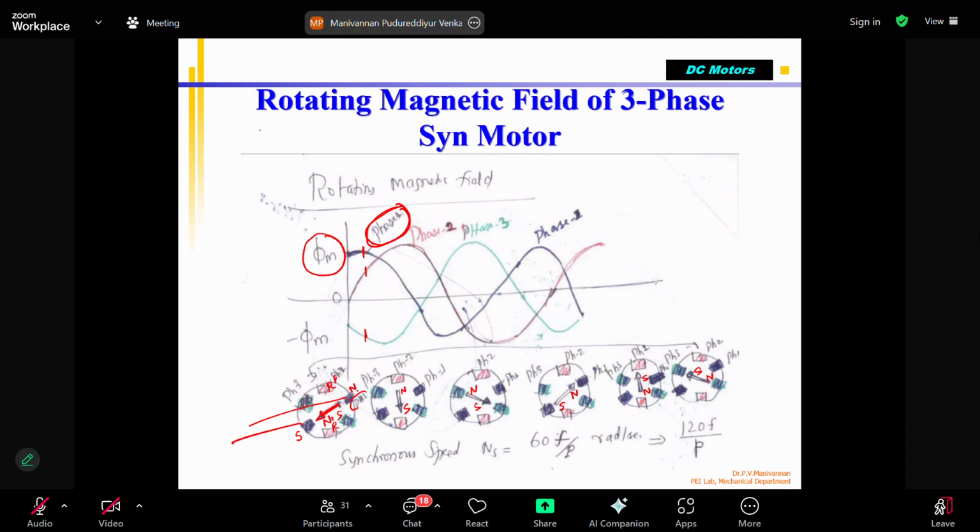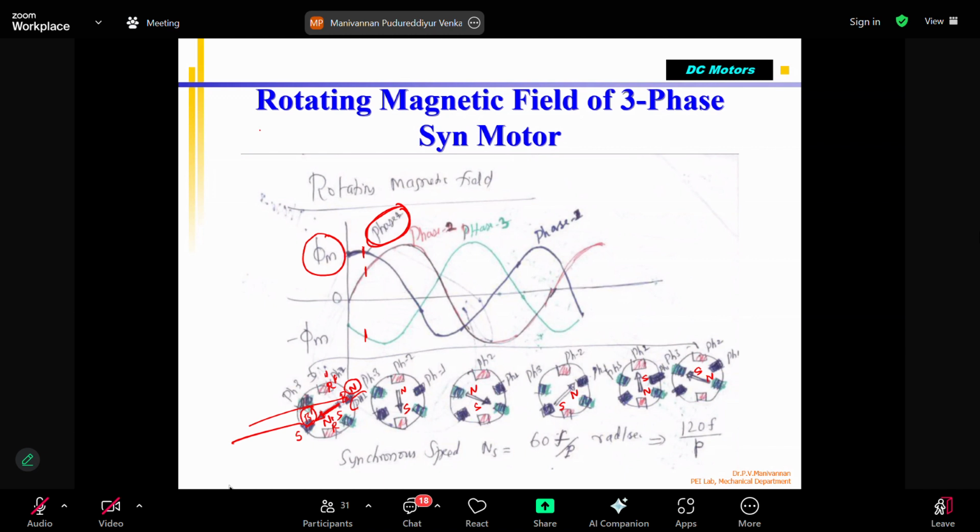This is blue, this is blue dash, correct? Blue and blue dash form one pair, and the other is another pair. When blue is north, at that time B dash will be the south pole. Similarly, when this is the north pole, R dash will be the south pole.